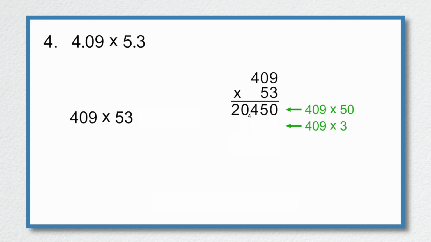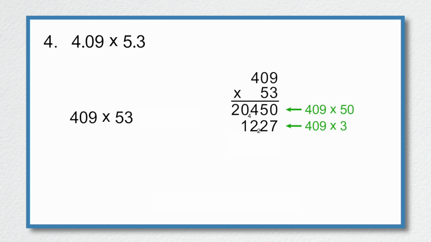Now we do 409 multiplied by 3. So 9 multiplied by 3 is equal to 27. Write the 7 down and carry the 2. 0 multiplied by 3 is equal to 0. Add the 2 is equal to 2. And then 4 multiplied by 3 is equal to 12. So 409 multiplied by 3 is equal to 1227.